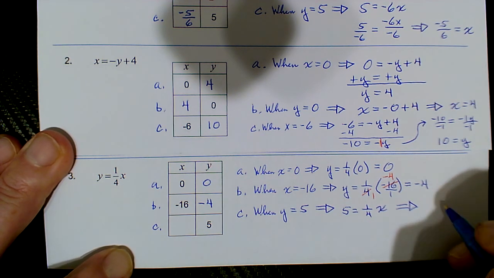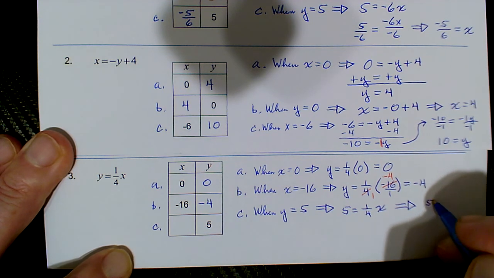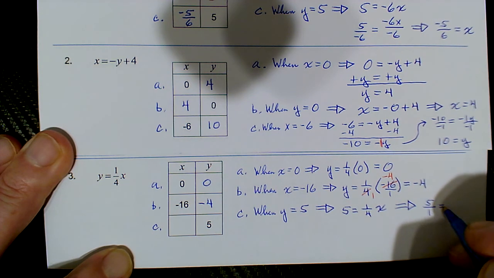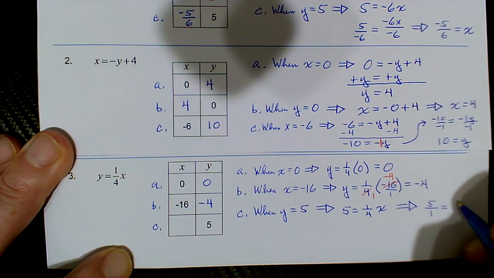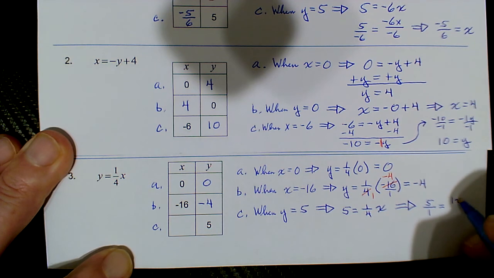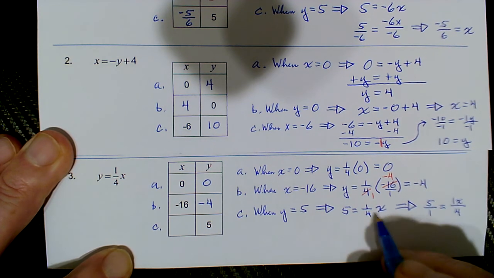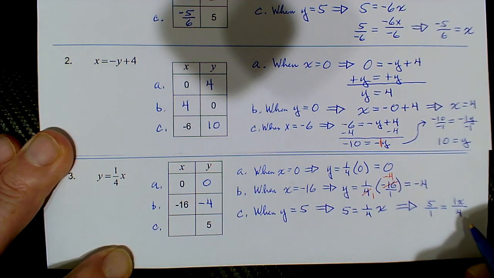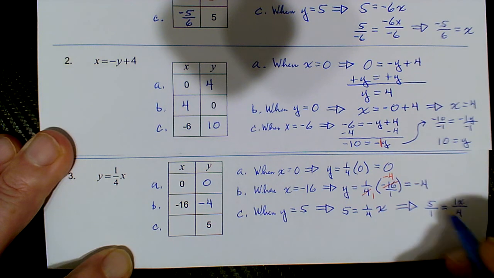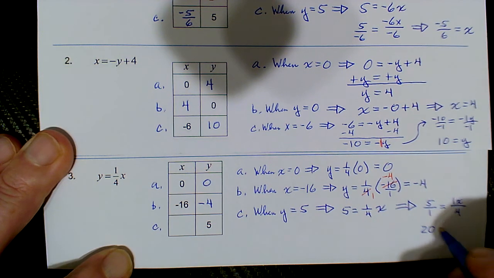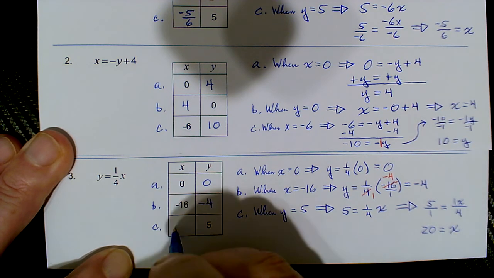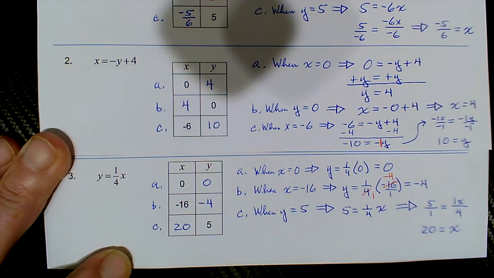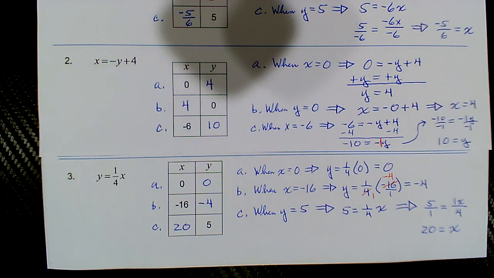Or, as I've done in the past, I like to use the cross multiplication method, where I'm going to write this 5 as 5 over 1, and instead of 1/4 times x, I'm going to write it as 1x over 4. Let the x be absorbed into the numerator, because then I can think about cross multiplication. And 4 times 5 is 20, and 1 times 1x is just 1x, or just x. And so that gives us the value when y is 5.